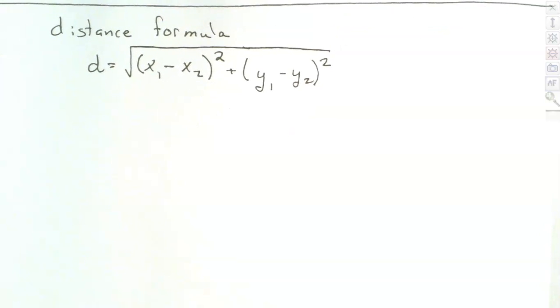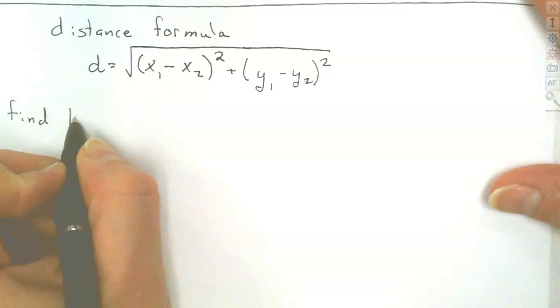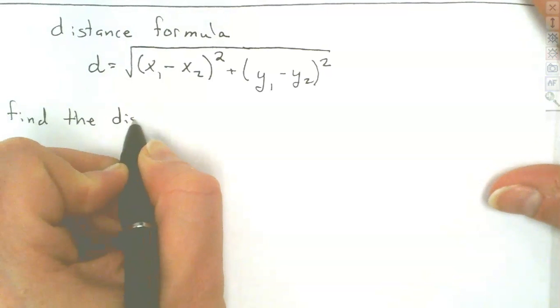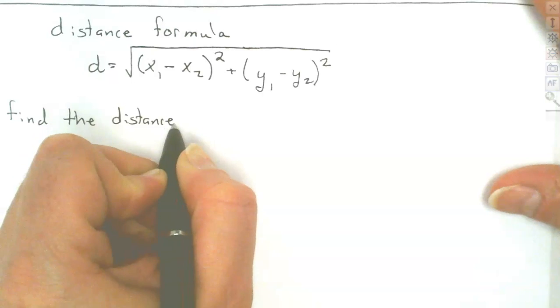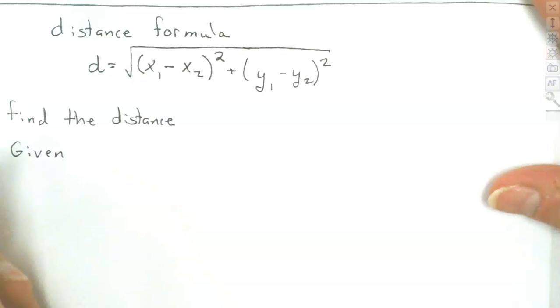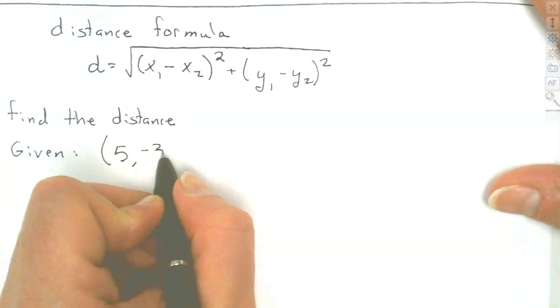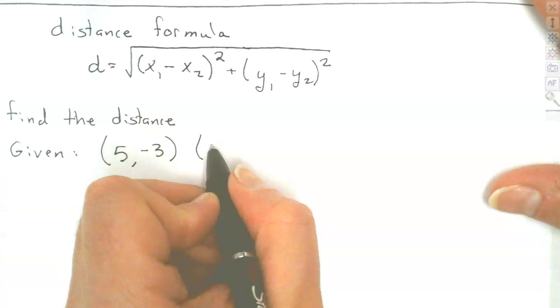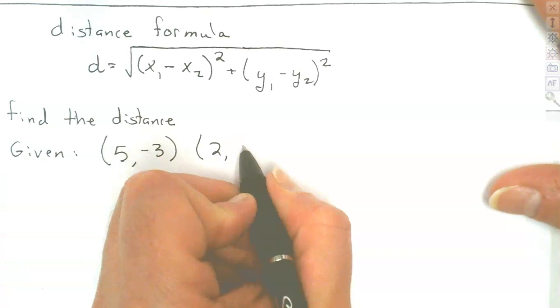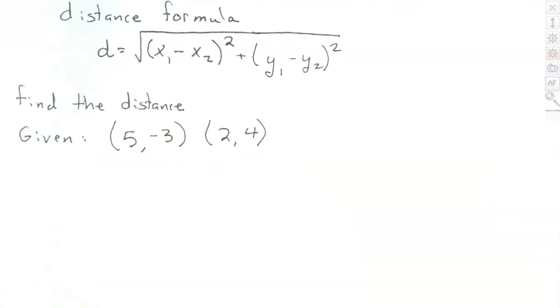But let's go ahead now and apply our distance formula. So let's find the distance. And let's say you're given 2 points here. Let's say you're given 5, comma, -3, and 2, 4. So we're going to try and find our distance.